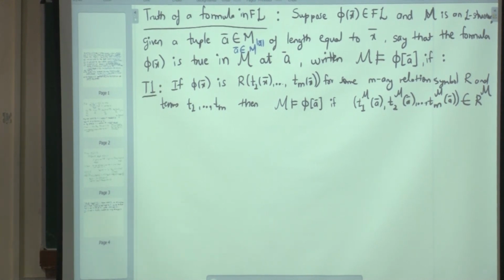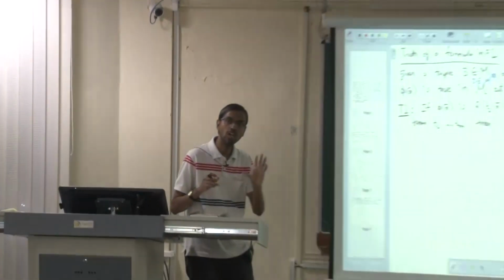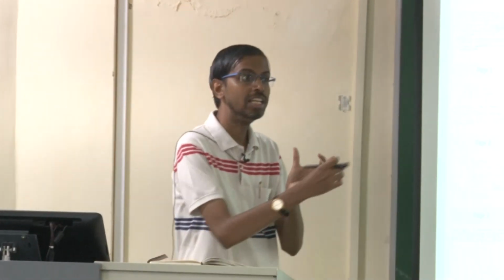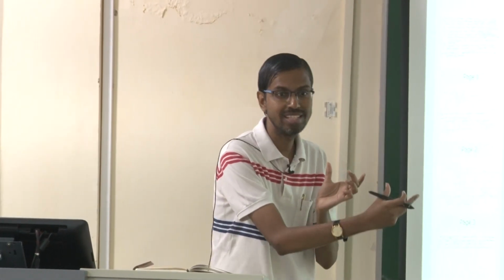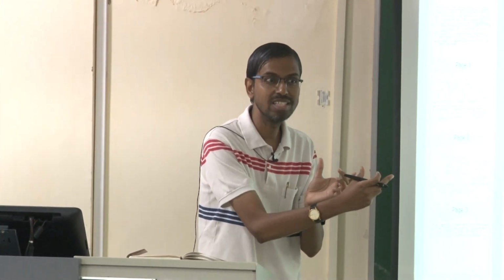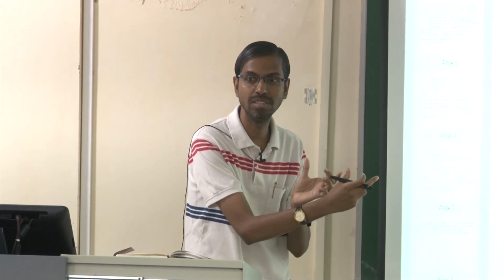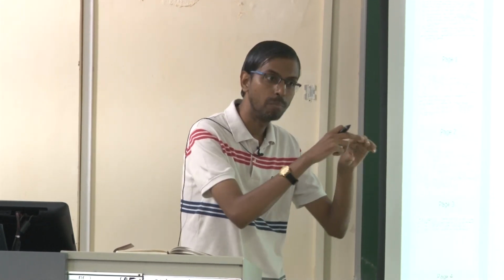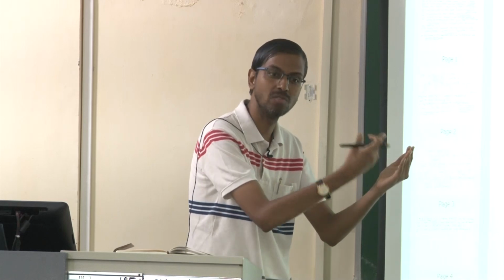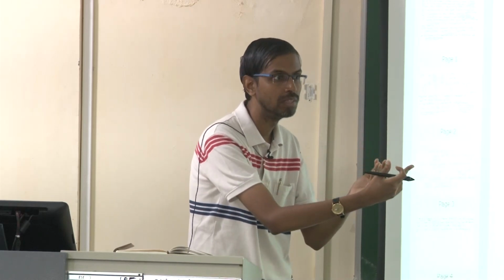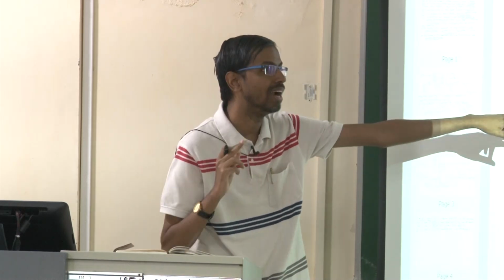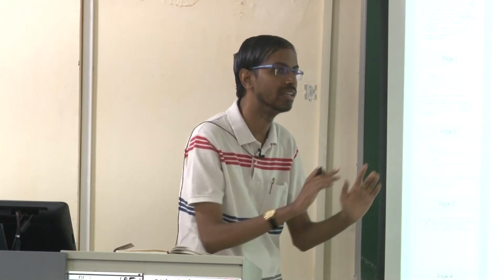Y is interpreted as 6. So 5 comma 6 belongs to the relation less equal. What is the relation less equal on natural numbers? It's the collection of all pairs where A is less equal B. So we are writing simply that, it belongs to the relation.